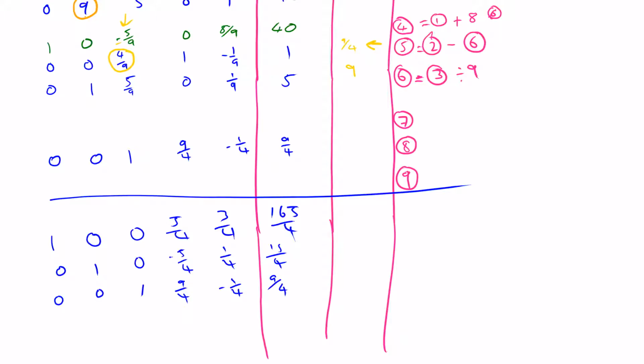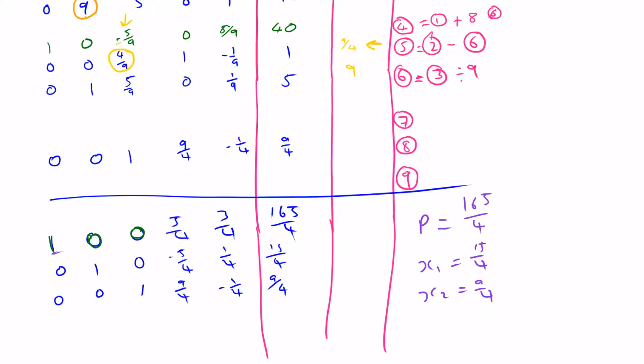Because we have no negative terms in the objective function, that is our optimal tableau, and we can simply read it off, where P is equal to 165 over 4, with x1 being 15 over 4 and x2 equals 9 over 4.